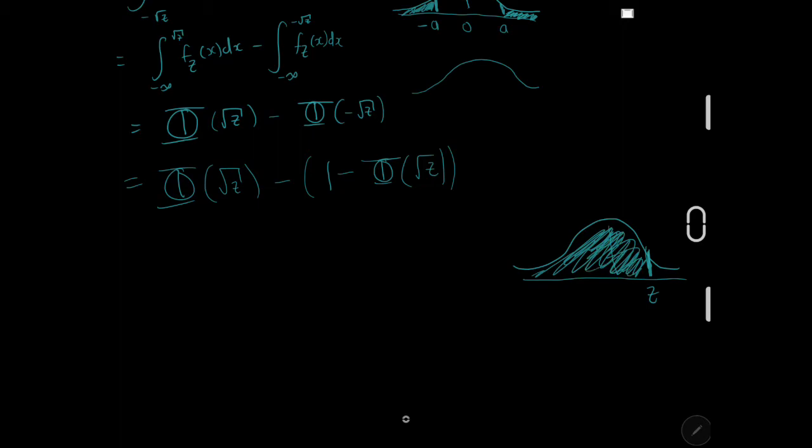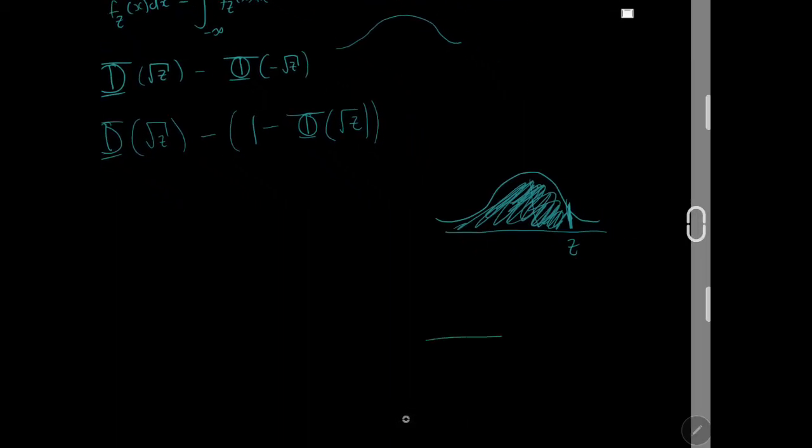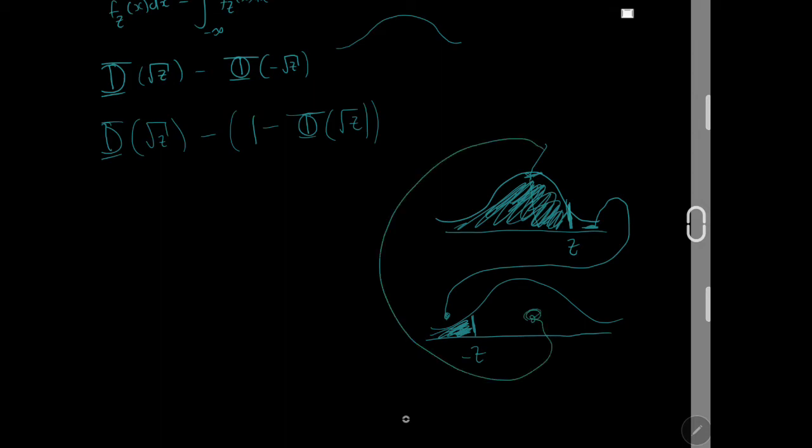Now, if we want, we can look at negative z, and negative z is this probability or this area over here. What's important to realize is that the area over here is the same thing as this area over here.